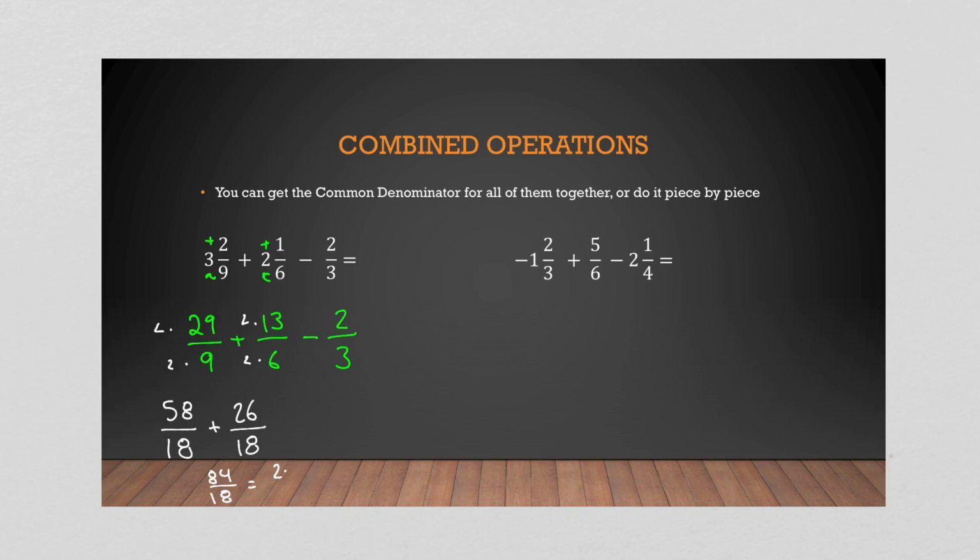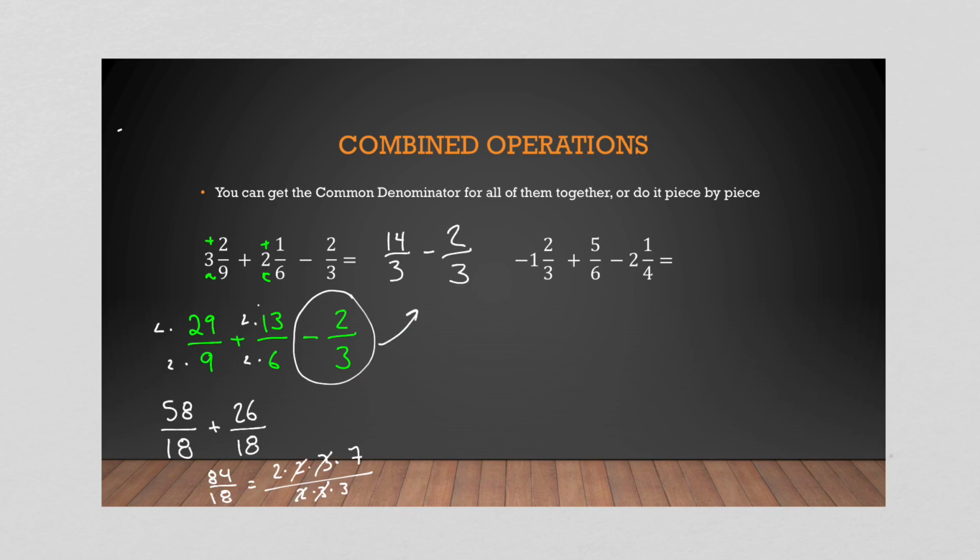Well, 42 is 2 times 21, but 21 is 3 times 7, and 18 is 2 times 3 times 3. So I can cancel here, here, here, here, and you can see I'm left with 14 over 3, and then minus 2 over 3.